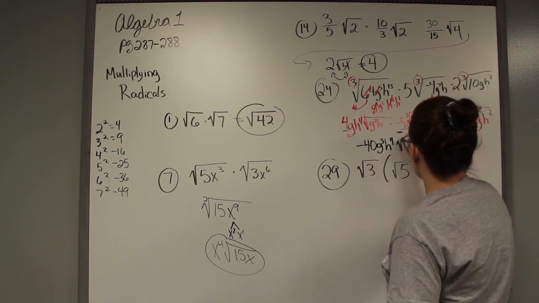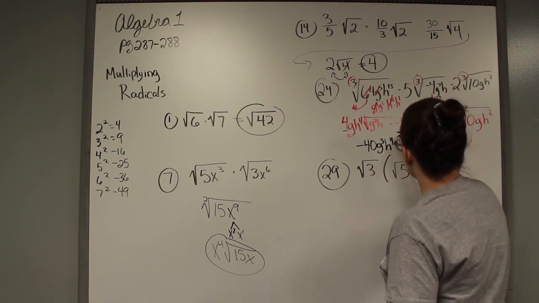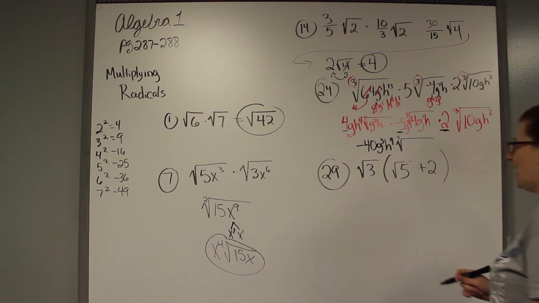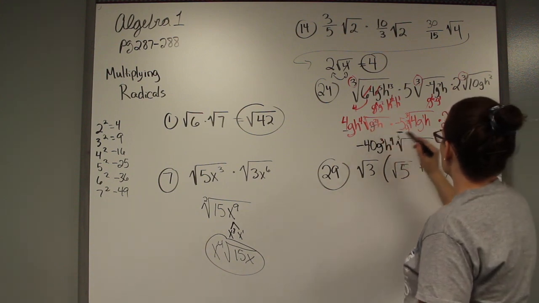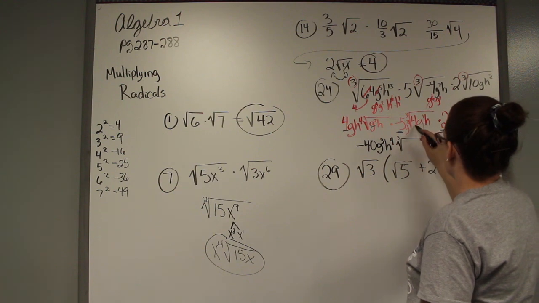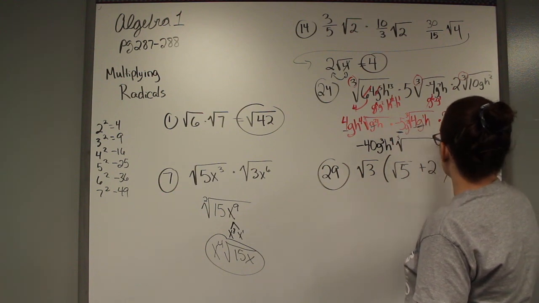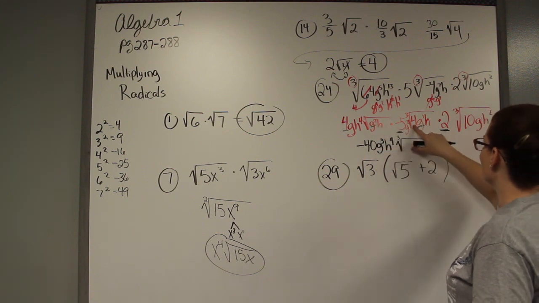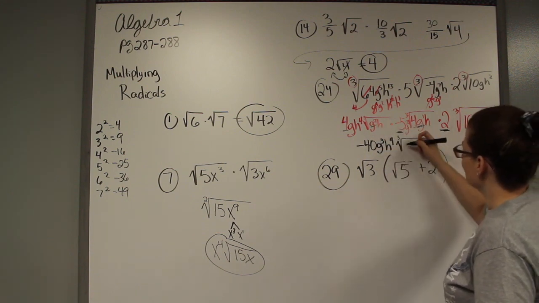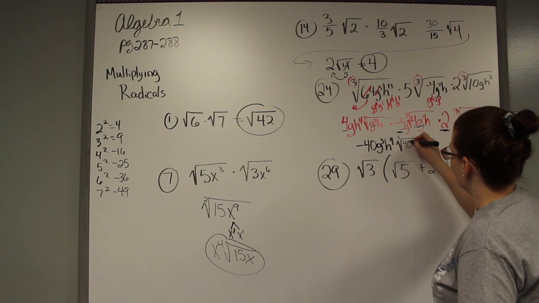Okay? Now we go inside the radical, and I have g^2, 4 g^1. I should have done the numbers first, so forget g^2 real quick. 4 times 10 is going to give me 40.